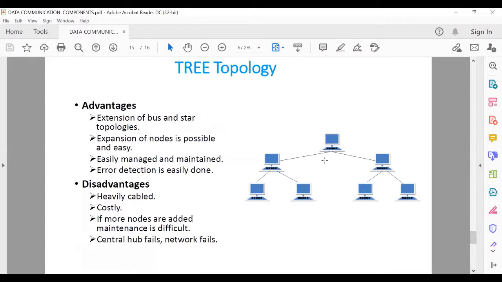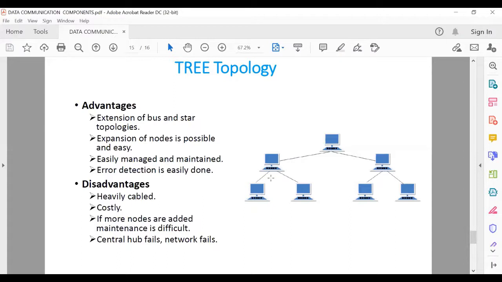Next is the tree topology. So it has a root node, and all other nodes are connected to it, forming a hierarchy. So it is also called hierarchical topology, and it should have at least 3 levels in that hierarchy.